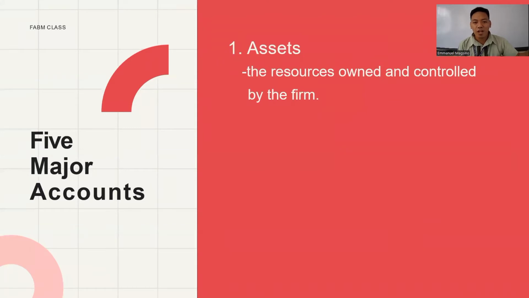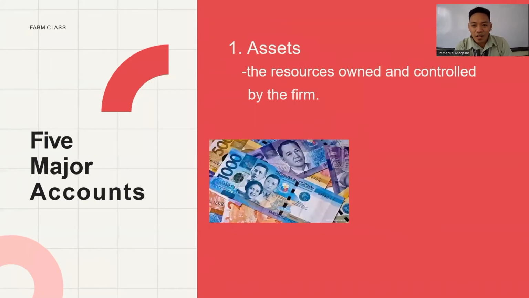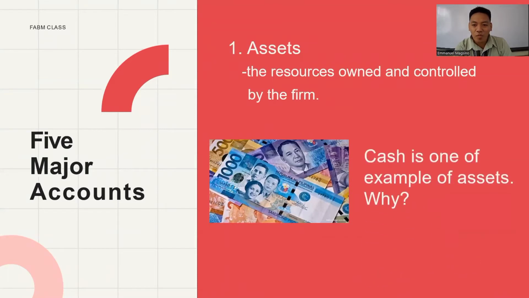Now, there are 5 major accounts. First is the assets. When we say assets, these are the resources owned and controlled by the firm. Please give me an example of an asset. Yes, Jenny. Okay, correct. So cash. Cash is one of the examples of assets.